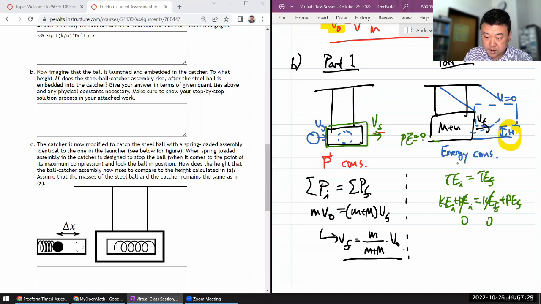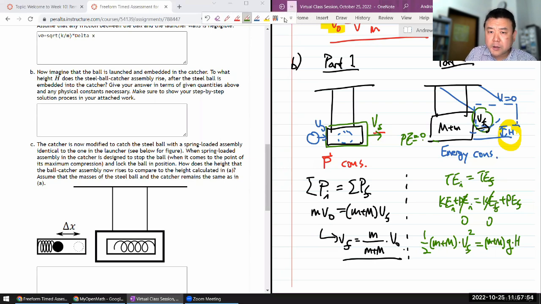So initial kinetic energy is one half the total mass, the sum of the masses, times the initial speed, which is confusingly labeled v final here, squared, equal to the final potential energy, the sum of the masses times g times h. What height does it reach?